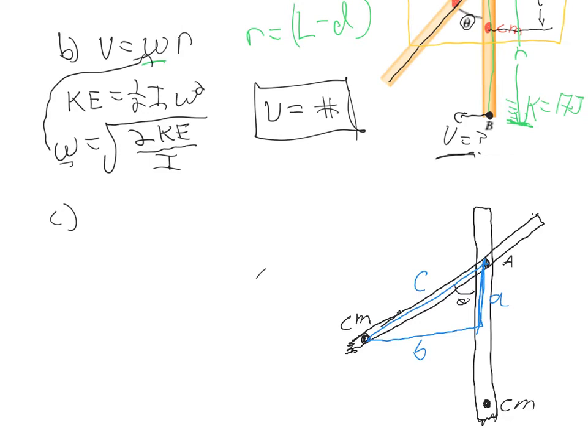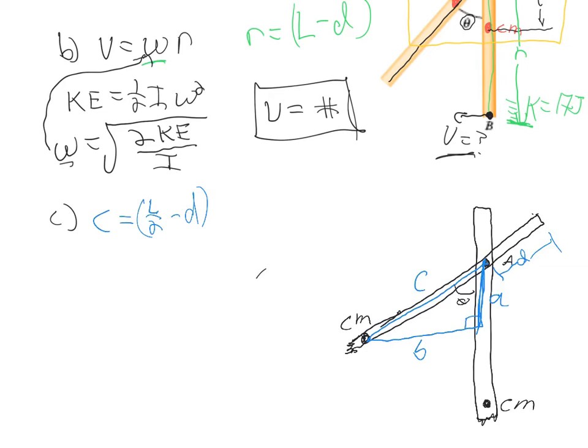All right, so now we need to ask ourselves, how can we figure out these different sides to our triangle? So if we start, side C is pretty straightforward. That's just the distance from our center of mass to point A, which we already figured out earlier. That's just half of the length, L over 2, minus D, because again, D is this distance up here, right? Okay, so we know that side of our triangle.